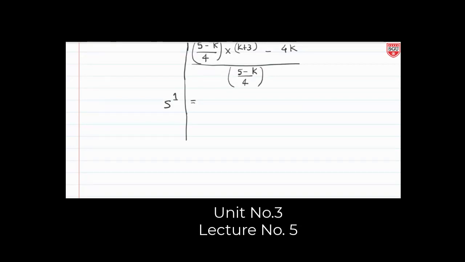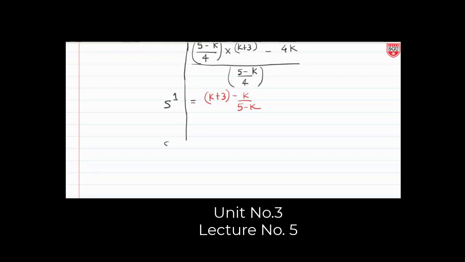Once again, I will write. What is the answer? K plus 3 minus k upon 5 minus k. Like this? I have written correctly, no? Yes, sir. Why I am asking is because I have not solved that. I have kept it like that only.